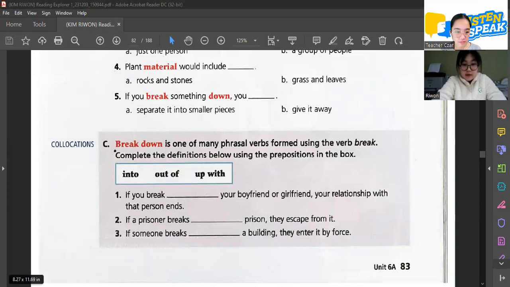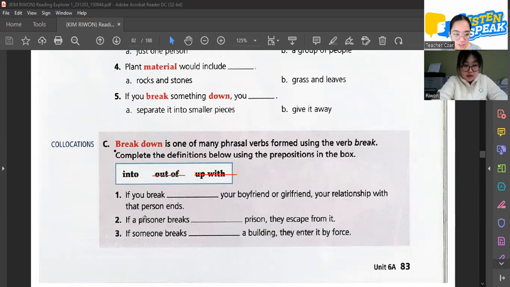If you break up with your boyfriend or girlfriend, your relationship with that person ends. Very good. And if a prisoner breaks out of prison, they escape from it.